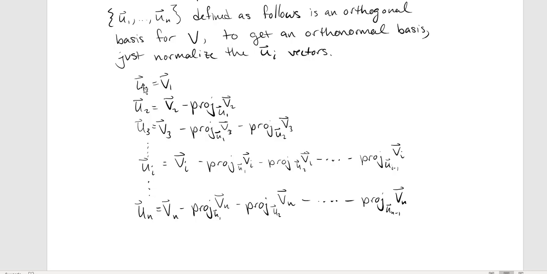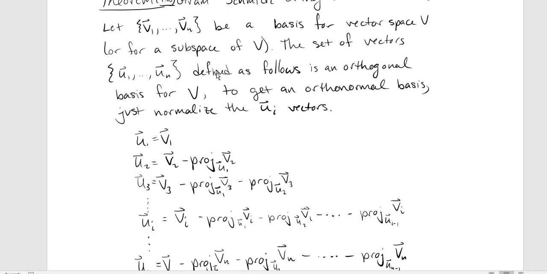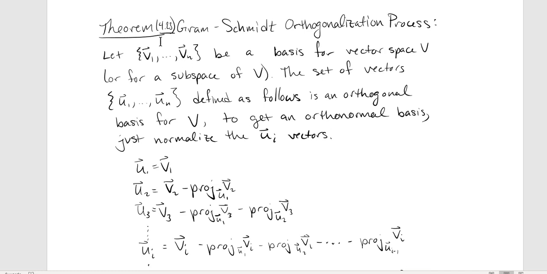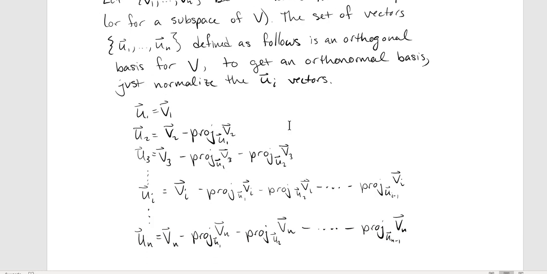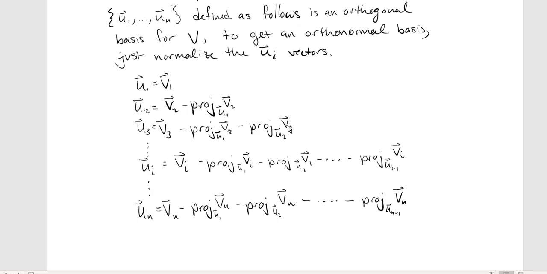To get my first vector in this orthonormal basis, I just take the first vector in my given basis. Right? The v's aren't orthonormal, the u's are. Right? First of all, this is just going to be, let me be clear. Here we are just getting an orthogonal basis of u vectors.